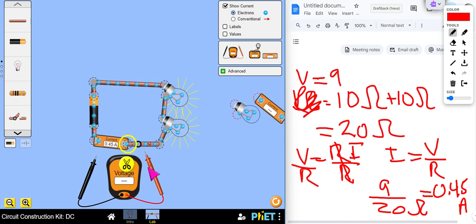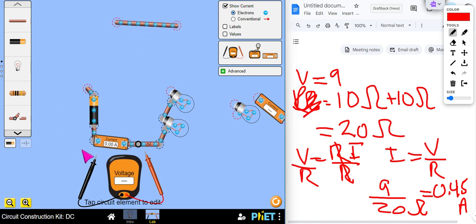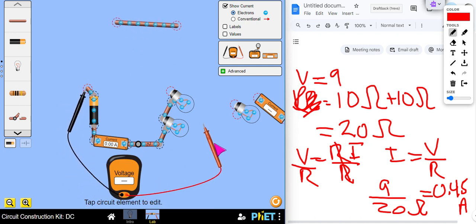For example, if I were to disconnect this wire and connect this here and connect this here, to have electricity flow through it, that's not how you detect the voltage.